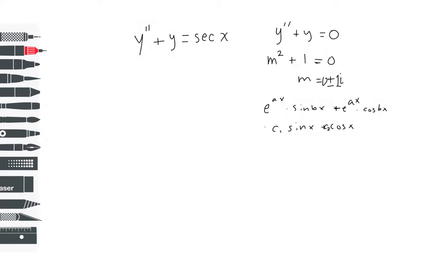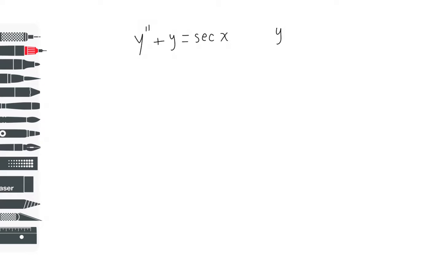So now that I have the yc component, I can use that to find yp, the particular solution. Right now we know that yc is equal to c1 sine of x plus c2 cosine of x.